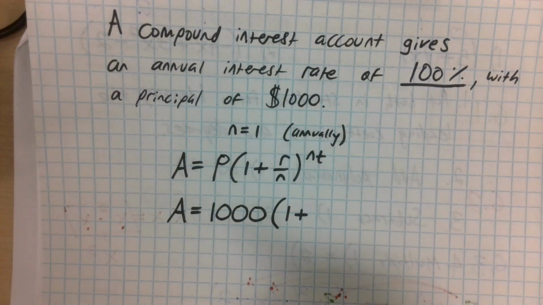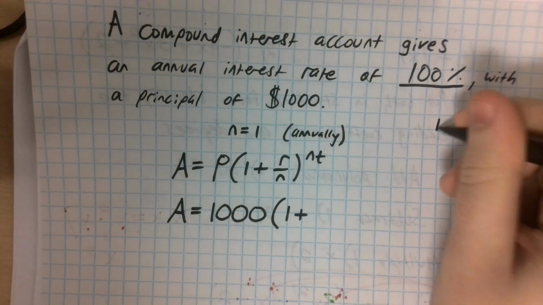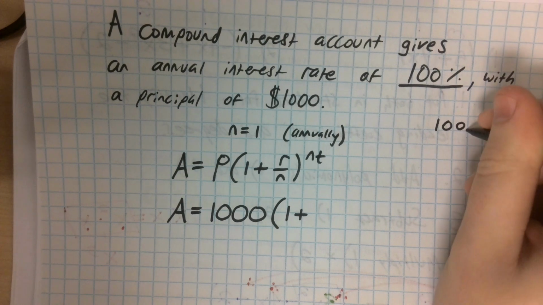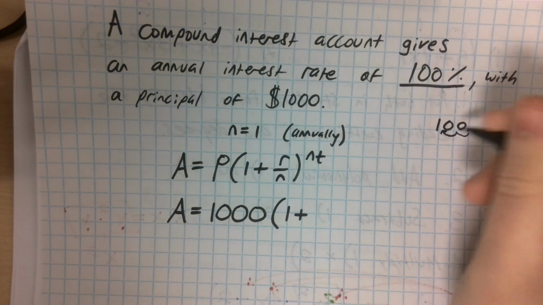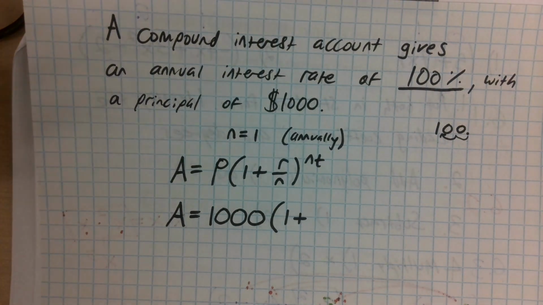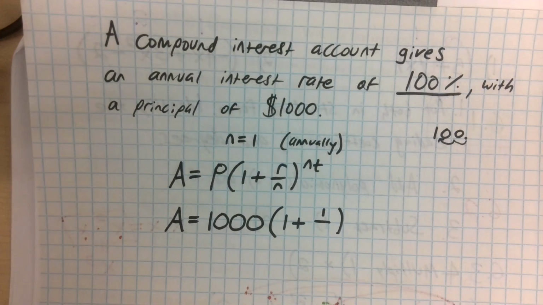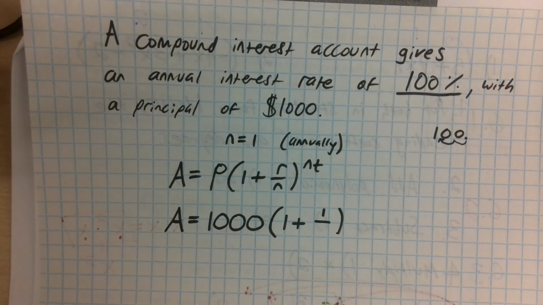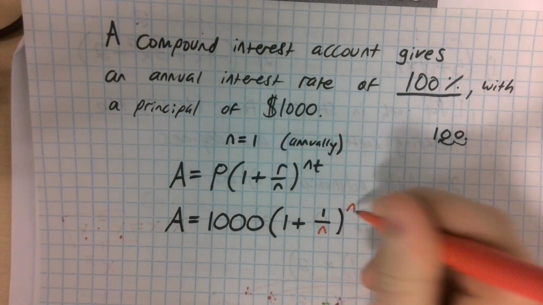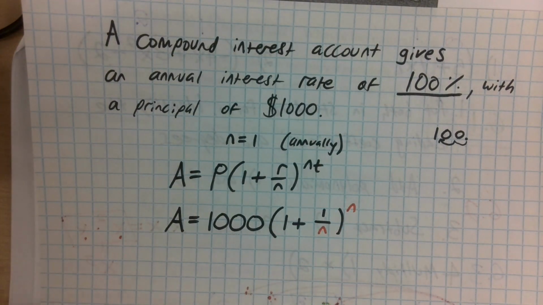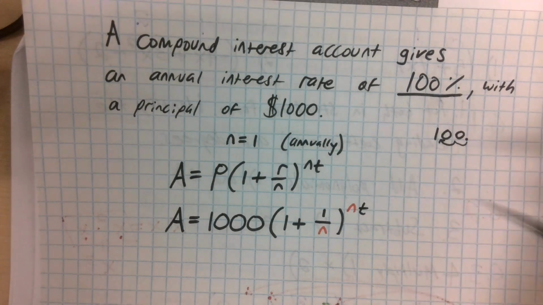So we can divide it by 100, or move the decimal place 2 places to the left. Either way, it's a rate of 1. So we would get 1 over n to the nt power. Perfect.